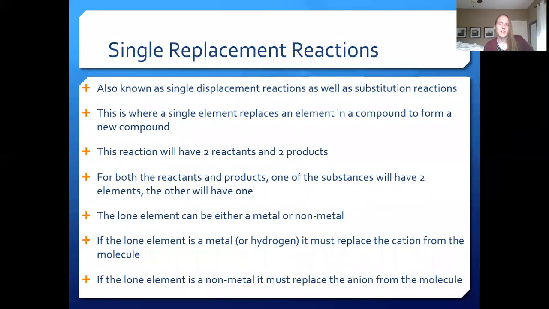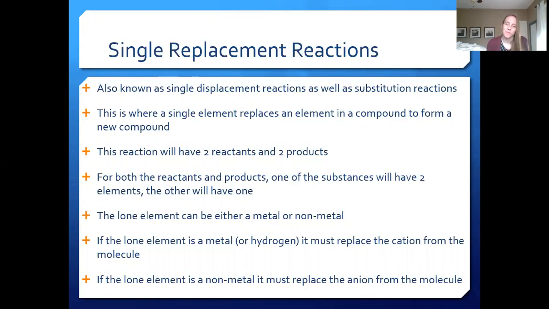Single replacement, also called single displacement, also called substitution, is when you have a single element replacing 1 element in a compound. So in this case, you'll have 2 reactants and 2 products. On both sides of the reaction, you will have a lone element as well as a compound of some sort.